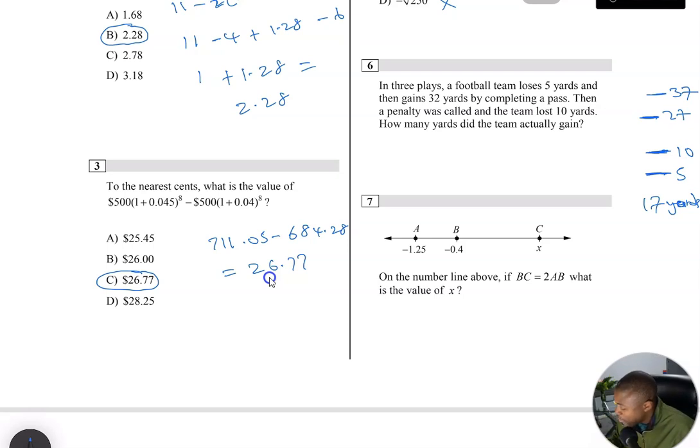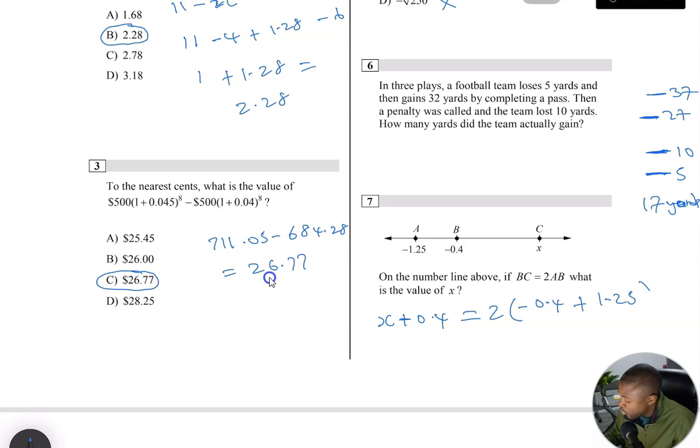So if I say BC, that means C minus B. So X minus minus 0.4, so plus 0.4, that is BC, equals 2 parenthesis AB. AB is going to be minus 0.4 minus minus 1.25.